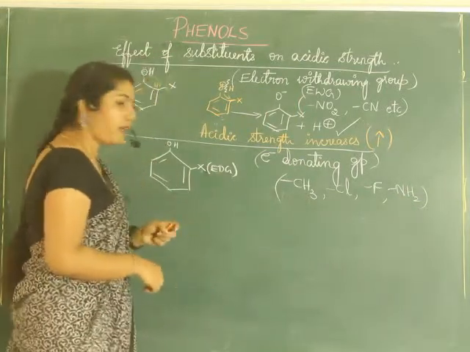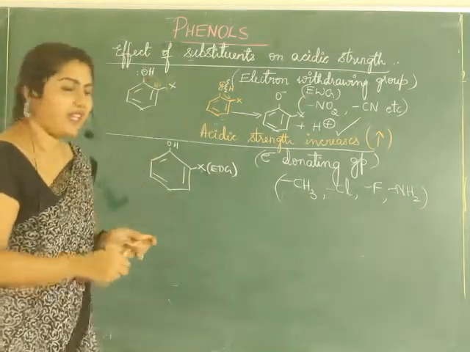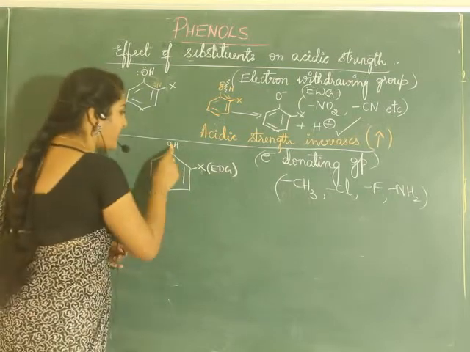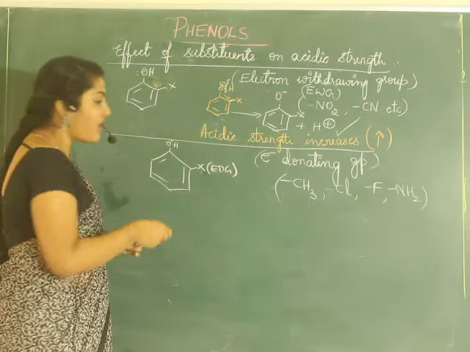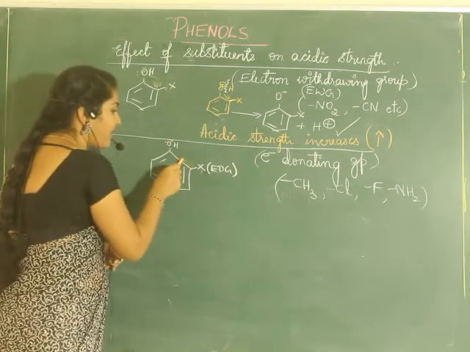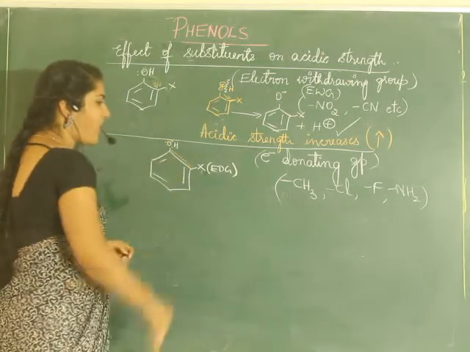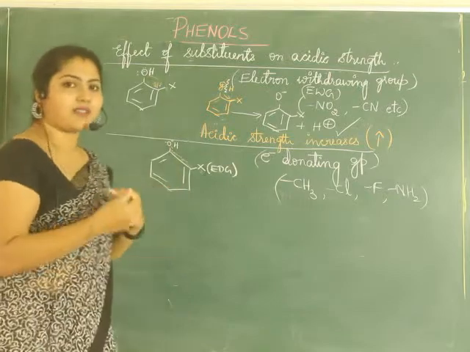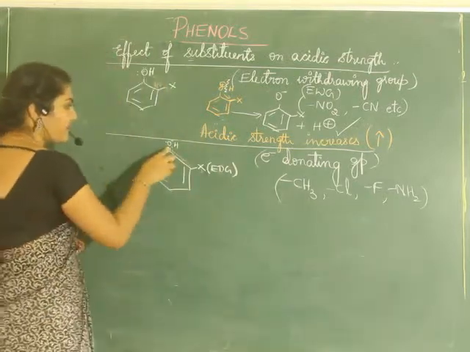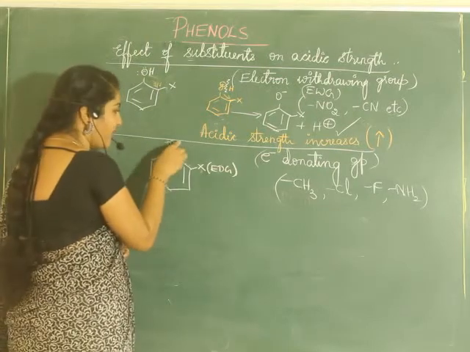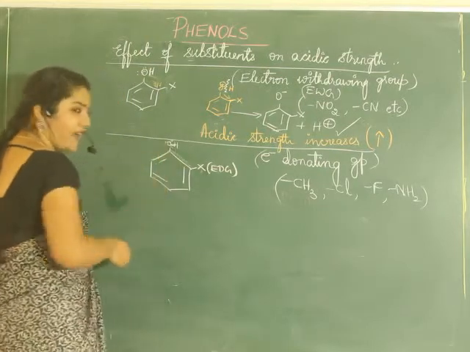If those electron donating groups are present, what will happen? Oxygen already has two lone pairs of electrons, so this X will start donating electrons towards oxygen. Oxygen becomes more and more negative. Will the hydrogen bond break now?